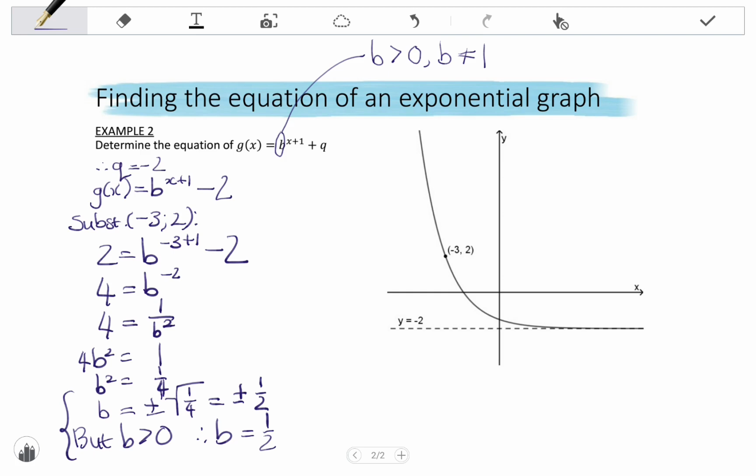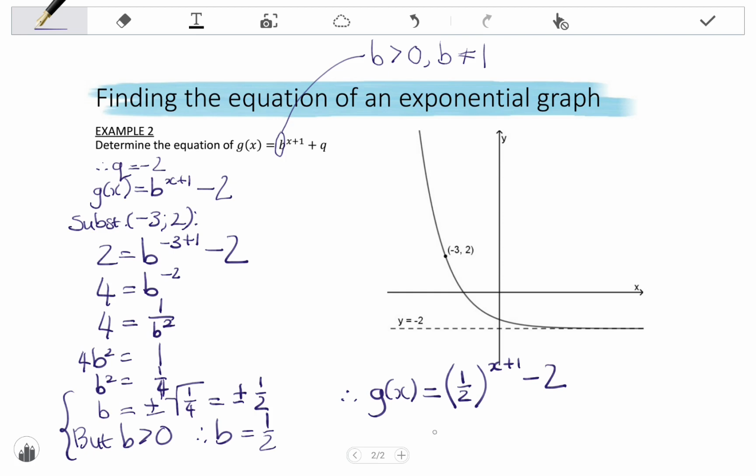And yes, you must show this in your working. Okay, so our final equation then is g of x equals, now, your base. If your base is a fraction, it is very important to put the brackets around that. Okay, our exponent is x plus 1 and q was negative 2.